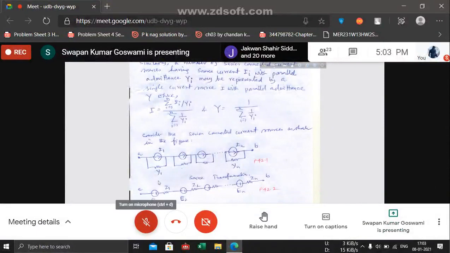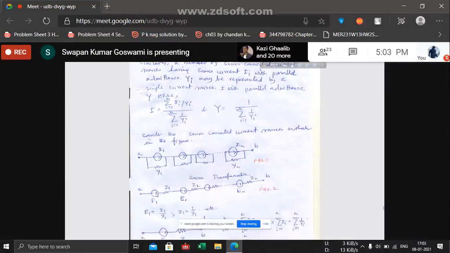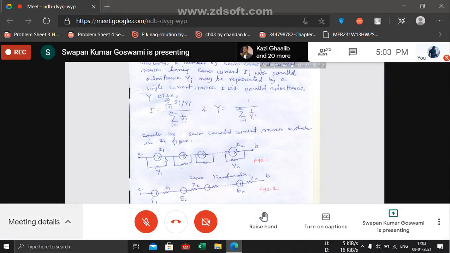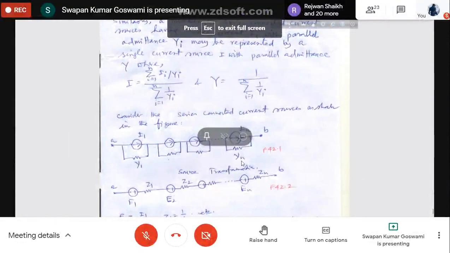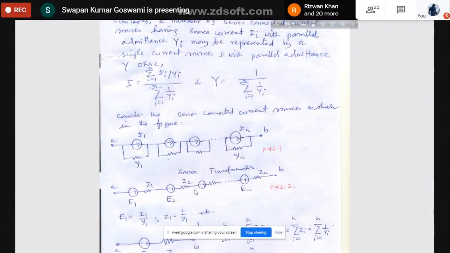I1 by Y1 will be the voltage, and the series impedance Z1 is 1 upon Y1. Similarly for the other sources, En is In divided by Yn, and 1 upon Yn is equal to Zn. These sources remain connected in series.